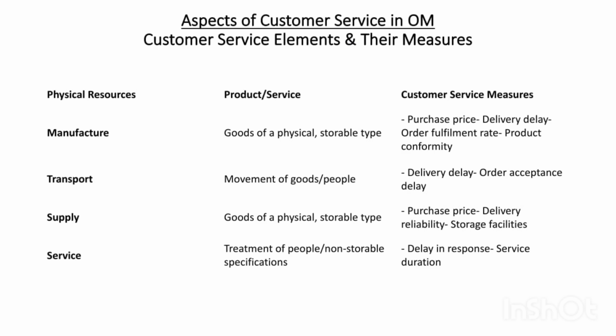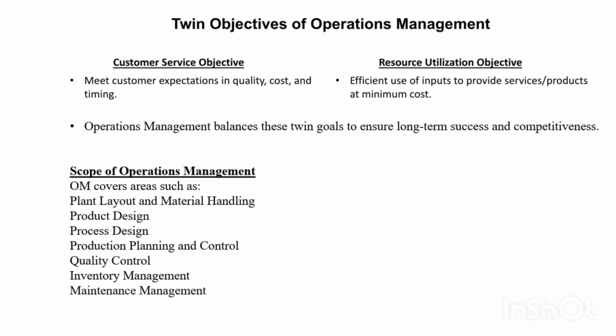So the next topic is the twin objectives of operations management. Operations management has two goals and they must be balanced. The two objectives are to meet customer satisfaction and resource utilization. Operations management balances these twin goals to ensure long-term success and competitiveness.